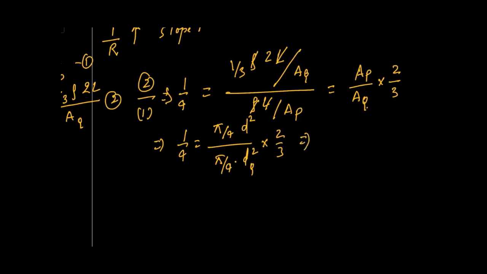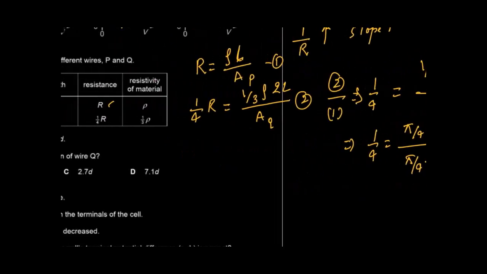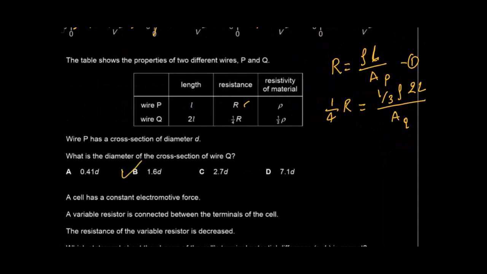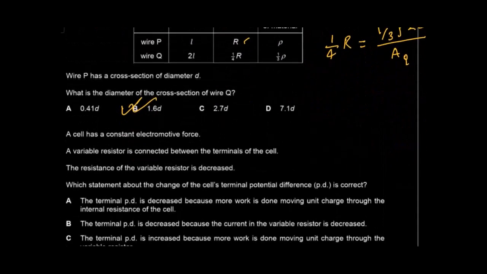So from here we can write dq upon D is equal to under root 8 by 3. So dq is equal to 1.64 D. So out of this, option B is correct.